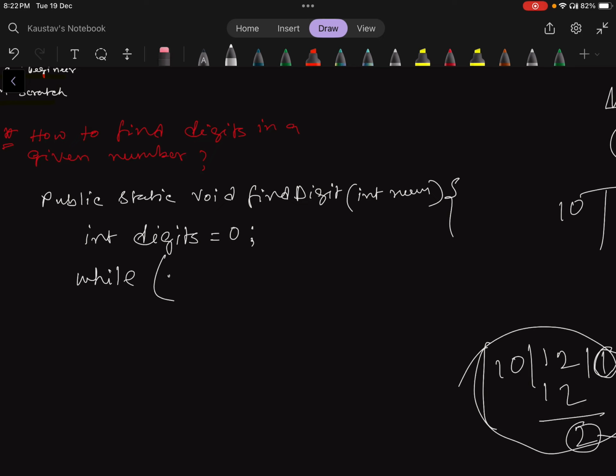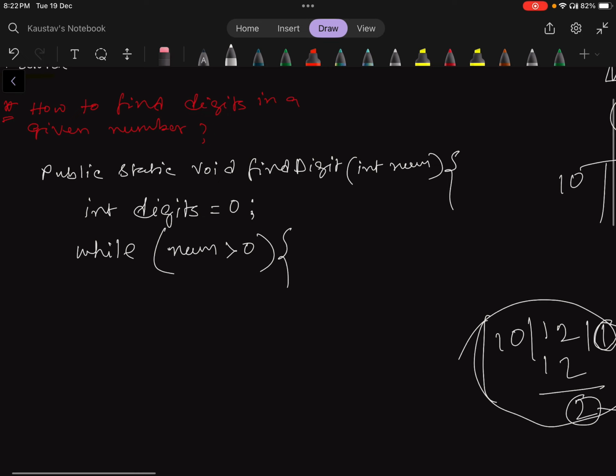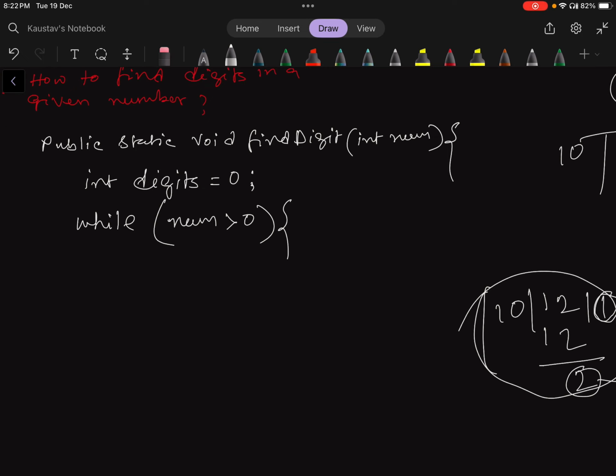We are saying while the number is greater than 0, the loop will run till the number is greater than 0. Till it is greater than 0, what will we do?